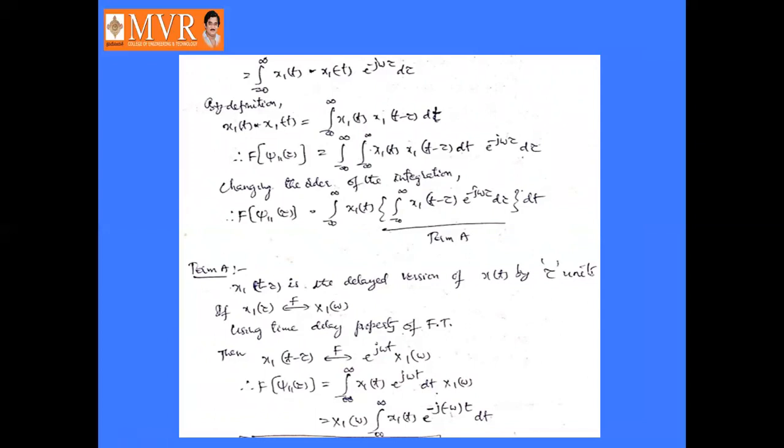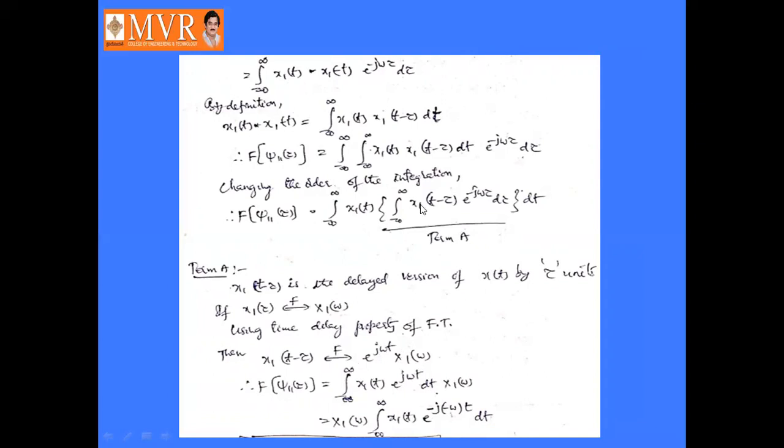Now we interchange the order of integration, so that it becomes integral from minus infinity to infinity x1 of t into integral from minus infinity to infinity x1 of t minus tau into e power minus j omega tau d tau, into dt. Let us consider this as term A. Here it is a delayed version, which is nothing but the time shifting property. The Fourier transform of x1 of t minus tau is e power minus j omega t into x1 of omega.